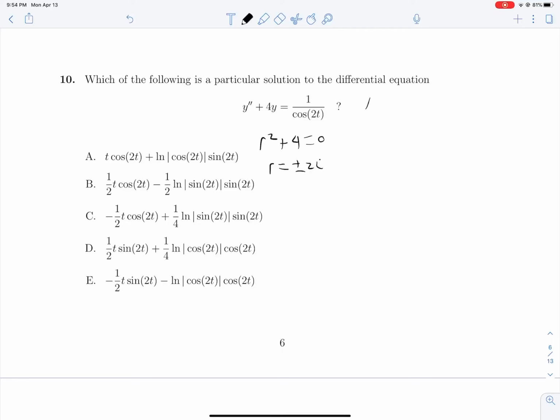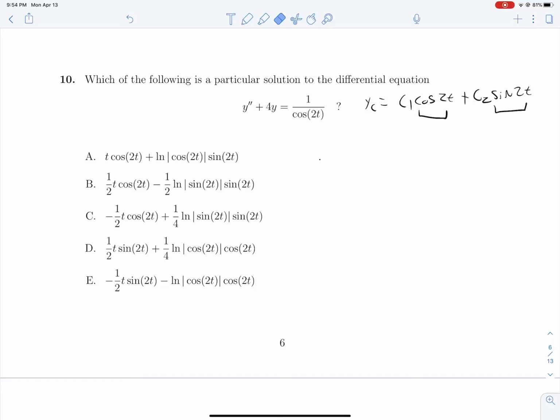So we see that yc is equal to c1 cosine 2t plus c2 sine 2t. And so our fundamental solutions are just cosine 2t and sine 2t.